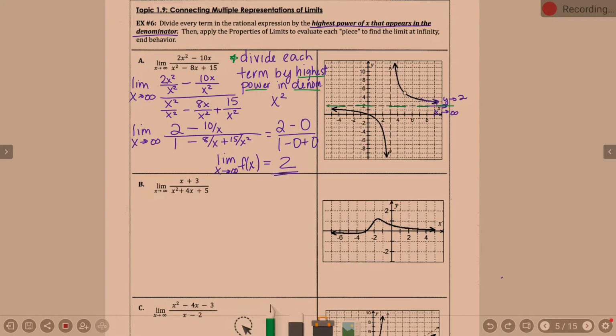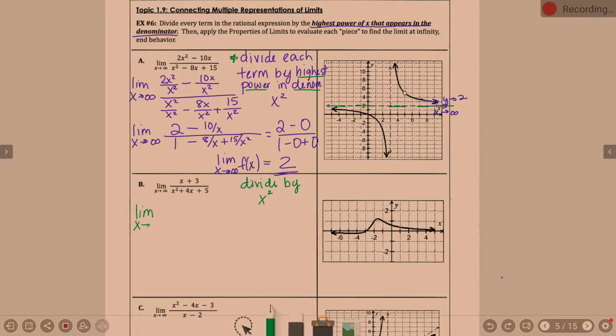Now, on B, what am I going to do on B? What is it we're going to divide by? We're going to divide everything in the numerator and denominator by x squared, because the largest power is x squared. Now, can I skip writing it out?